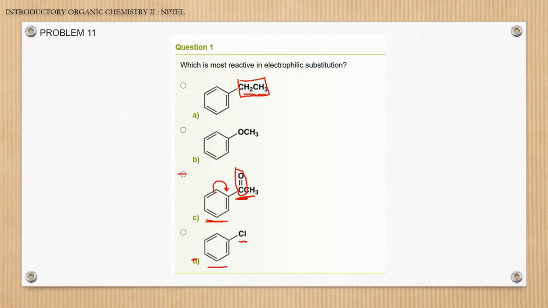Because of the minus I effect and the electronegativity of this particular chlorine, it will also take electron density towards itself, and that is why it is making this particular ring electron deficient compared to the benzene ring. So any ring containing electron withdrawing groups is less reactive towards electrophilic substitution.